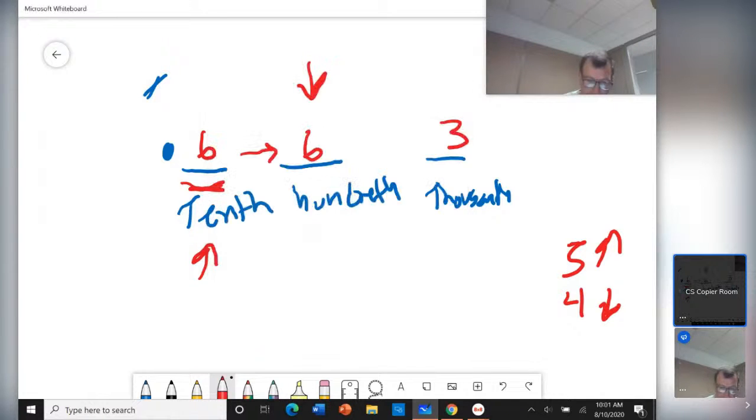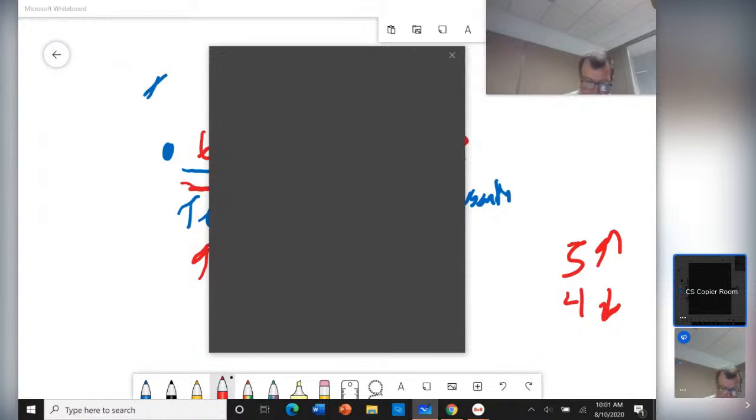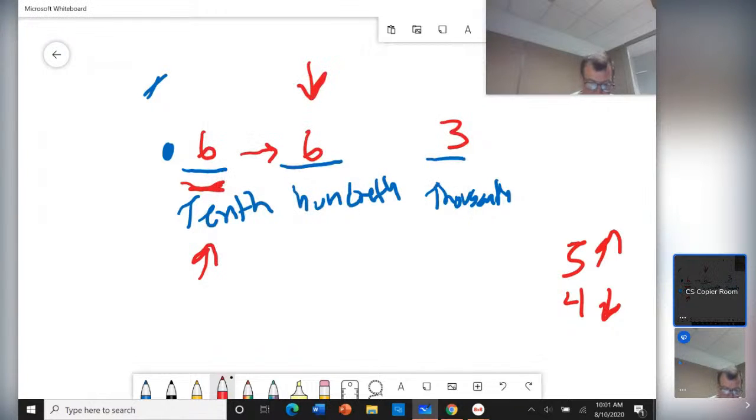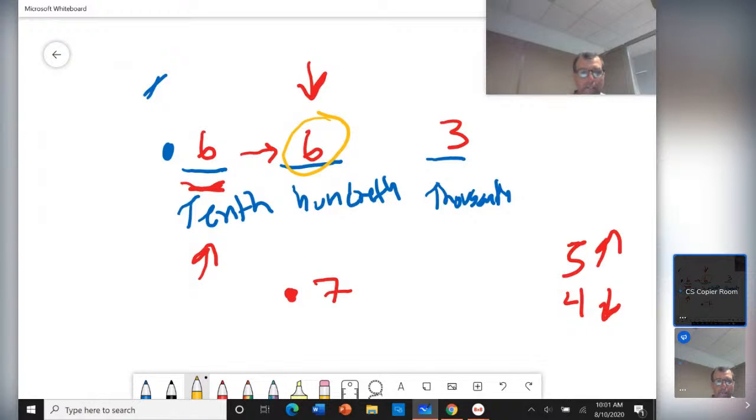It's greater than 5, which means we're going to round up. The answer for 0.663 is going to be 7/10, because this 6 right here is greater than 5. If it's 5 or greater, you're going to round up.